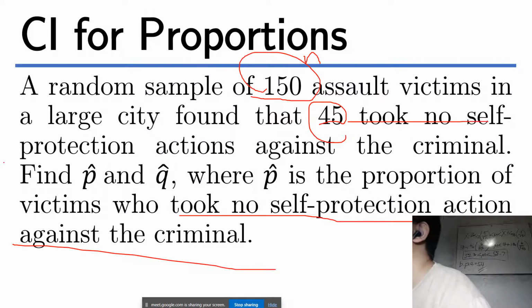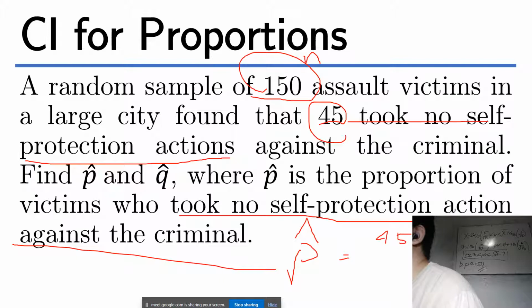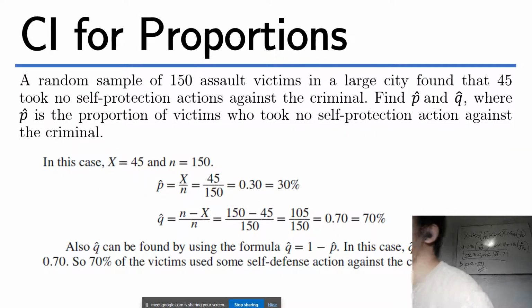Took no self-protection action. So, yung p hat natin equals 45 over 150. Tsaka sinabi naman p hat is the proportion of victims who took no self-protection. Tapos yung q hat equals 1 minus p hat, no? There we go.